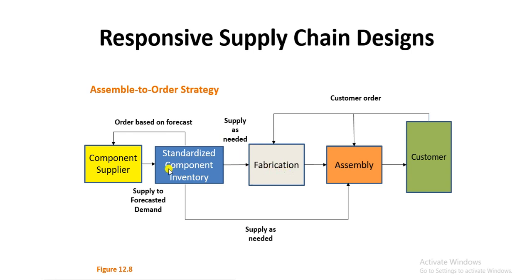So in this supply chain you will assemble or fabricate the product according to the customer requirement. So that was the example of responsive supply chain design if you are using the assemble to order strategy.